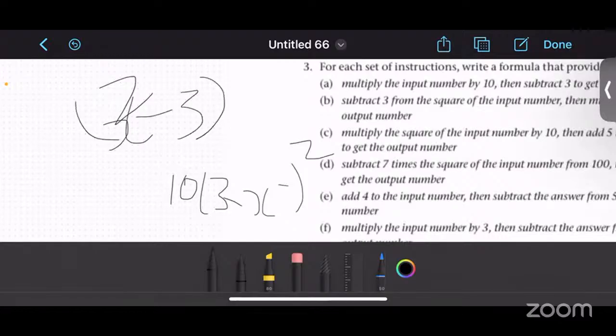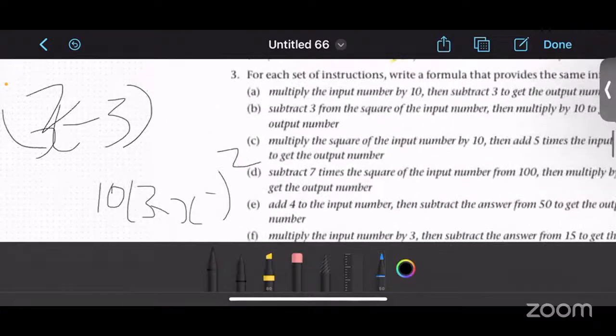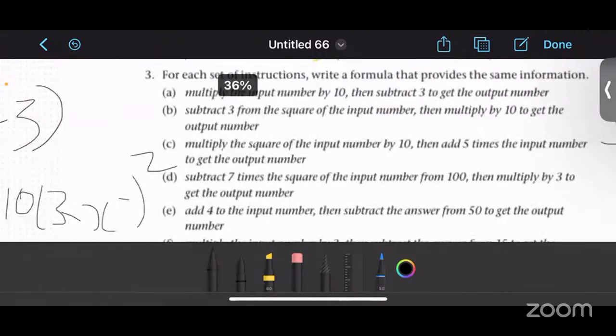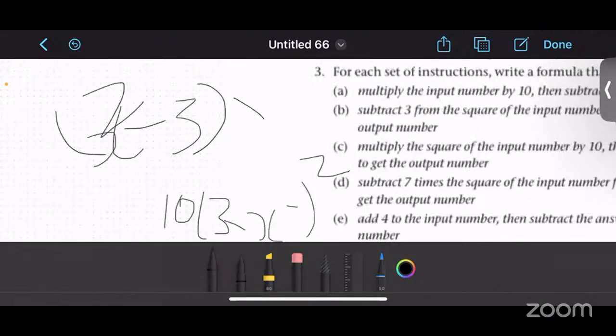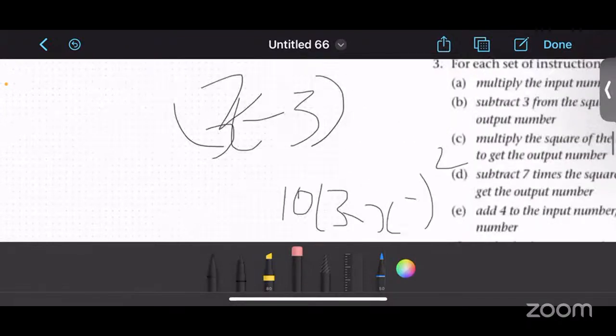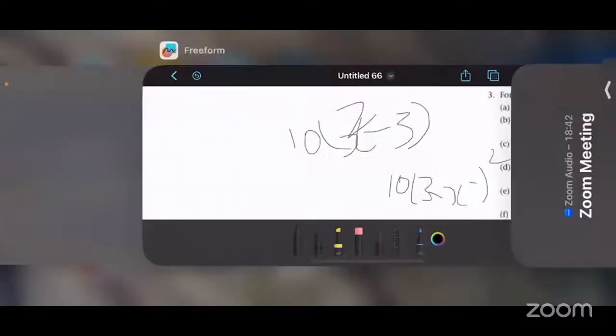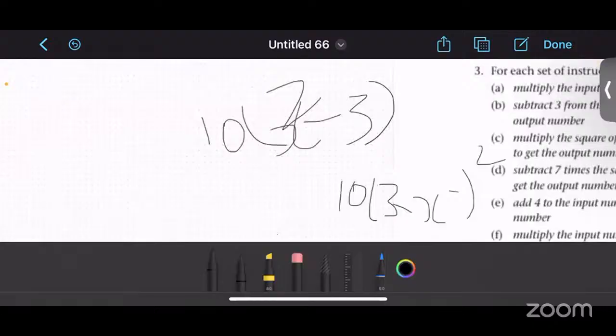And then they say multiply it by 10. But this is not how we're going to write it, because if everything is going to be multiplied by 10, this is the same as this: 10 into x to the power of 2 minus 3. Do you get it?